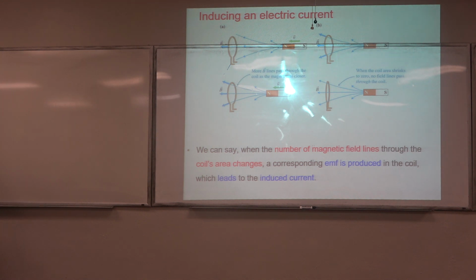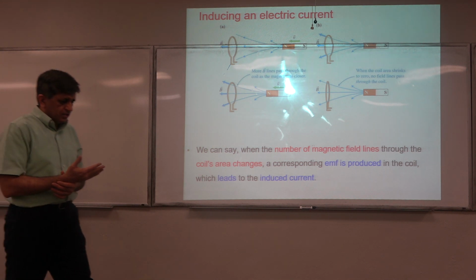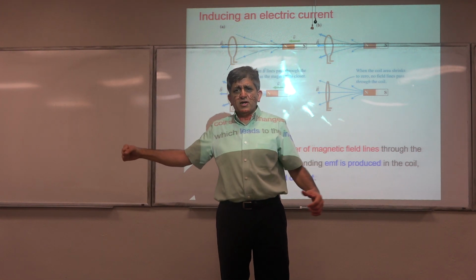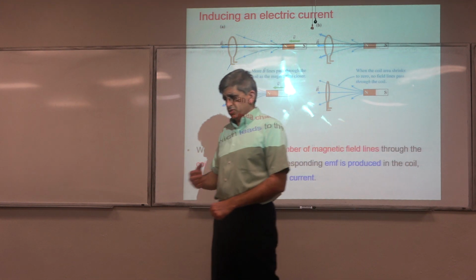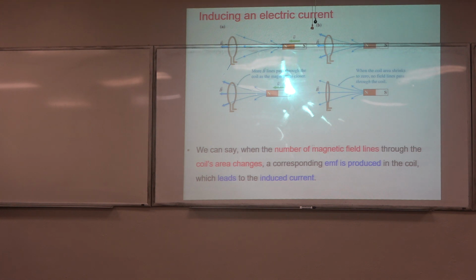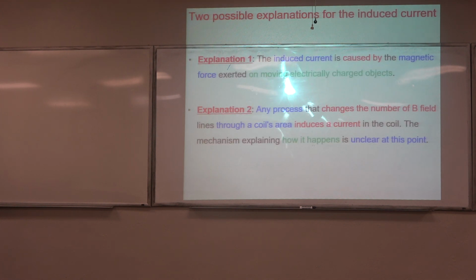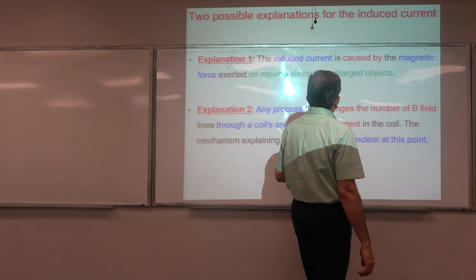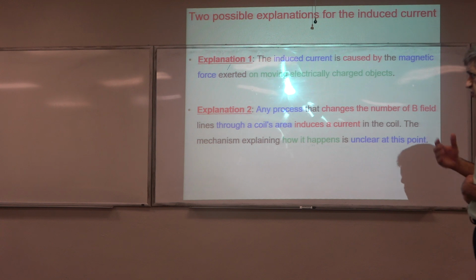If the magnetic field lines are increasing on one side, the induced current will go in one direction, and if you take the magnetic field lines away, so the magnetic field strength is decreasing, the current will move depending on the direction. So what we did were two different experiments. In the first explanation, we said the induced current is caused by the magnetic force exerted on a moving electrically charged object.